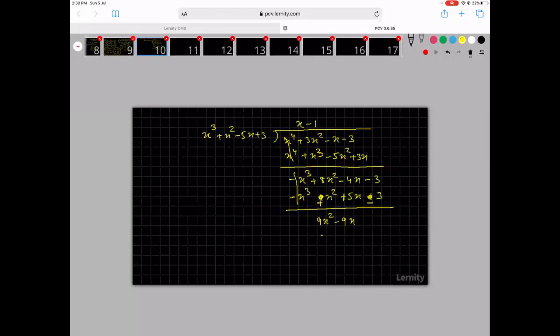Now you see the degree of this is less than the degree of this. So I can say that x power 4 plus 3x square minus x minus 3 is equal to x minus 1 into x cubed plus x square minus 5x plus 3, plus this much, 9x square minus 9x.